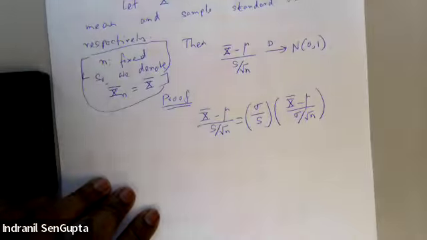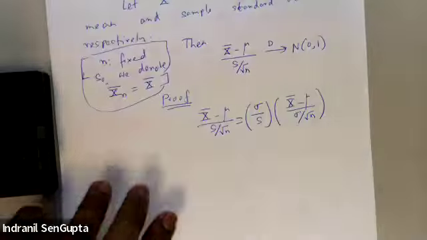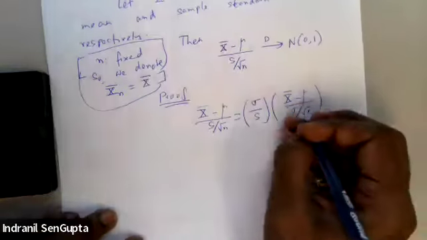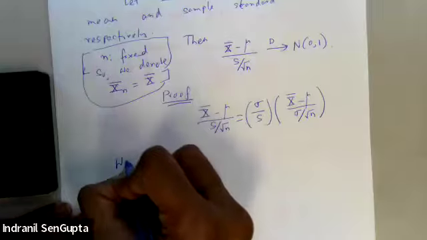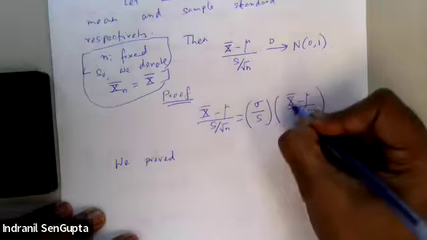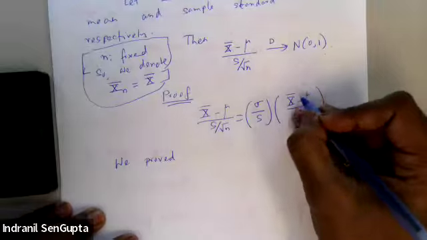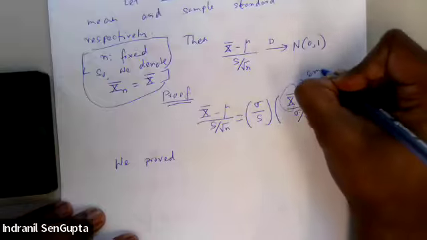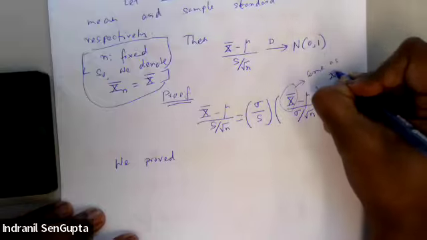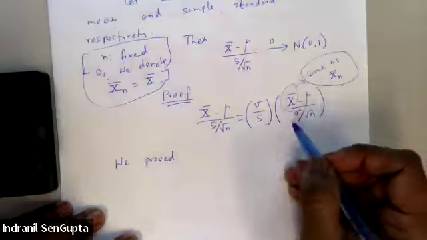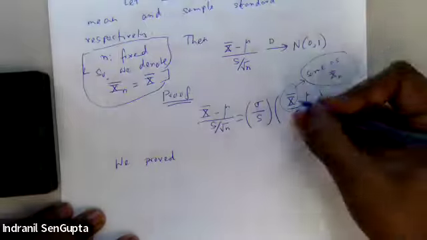Now let me show you one of the results from the previous classes. By the way, remember that this x bar is the same as x bar n. Since we are having a fixed n, for large n we are just writing x bar.